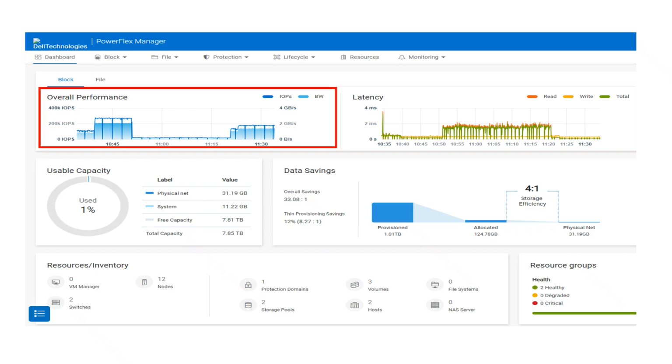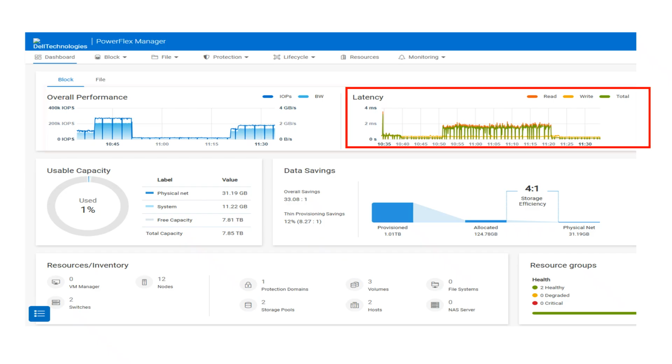Now let's move our eyes to the top right, where you can find latency. This is one of the most important graphs we use in production support to confirm whether storage is actually causing slowness or not. You can even say on a call, let me quickly check storage latency to confirm if a storage problem is involved here.